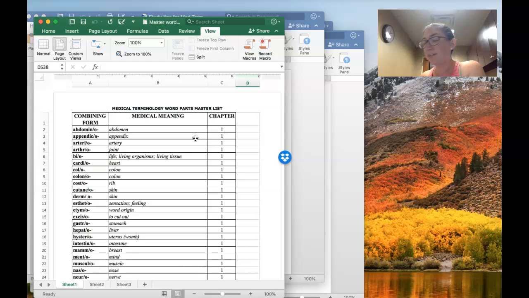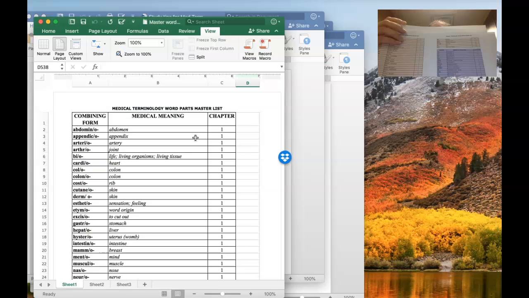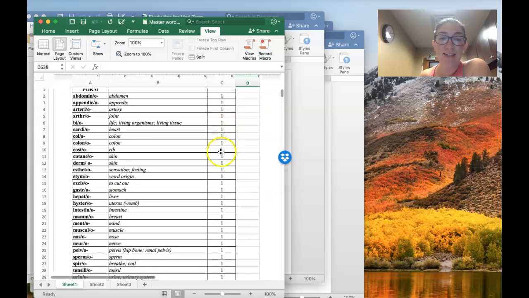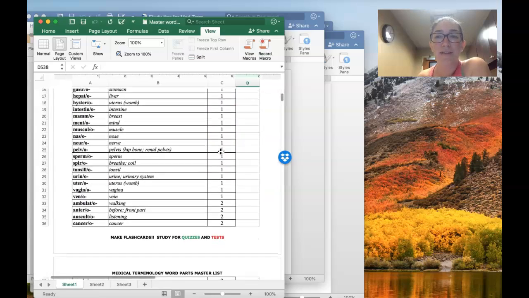But if you go all the way to the end, there are a couple of tables that are colored. One is peach and the other is purple, and those contain the different prefixes and suffixes. The last column on each of these tells you what chapter these word parts are from.